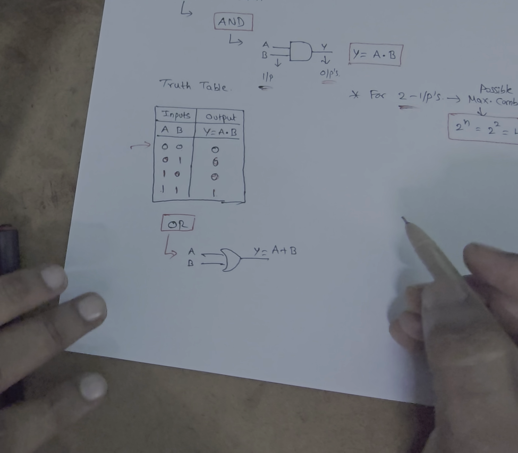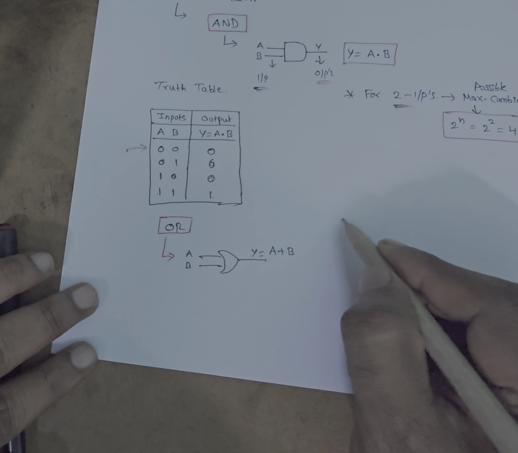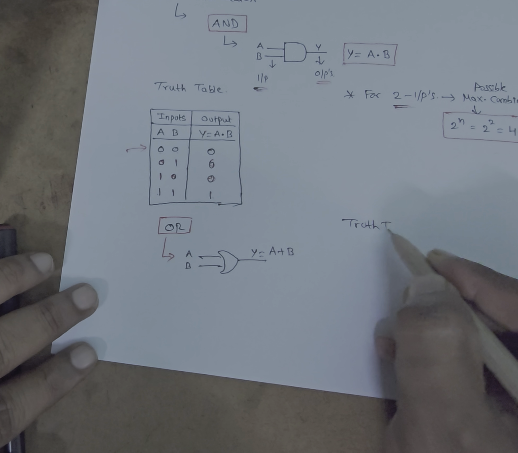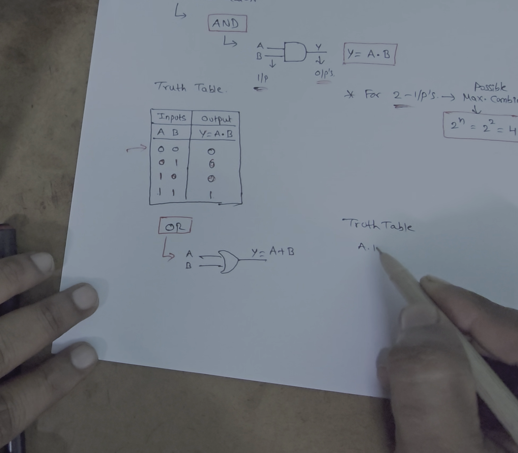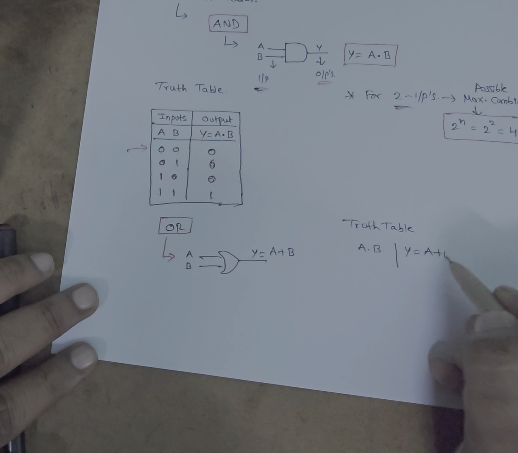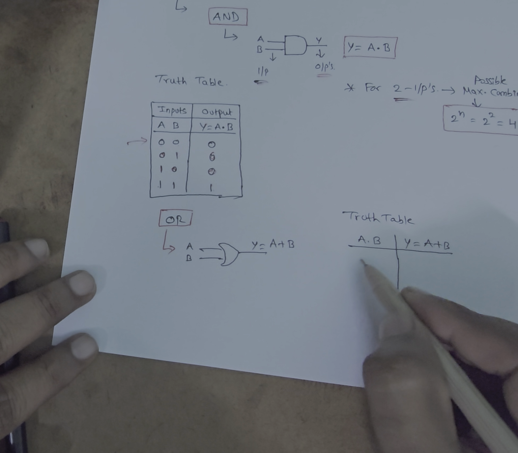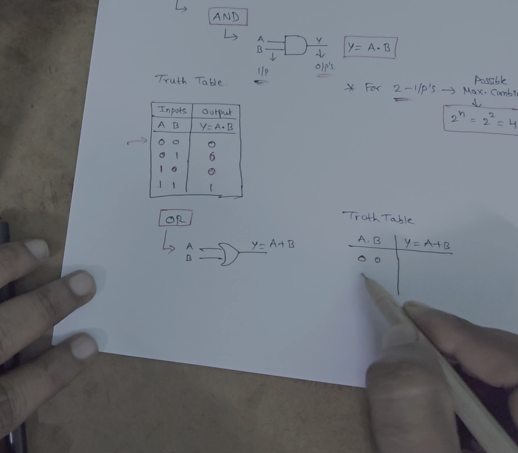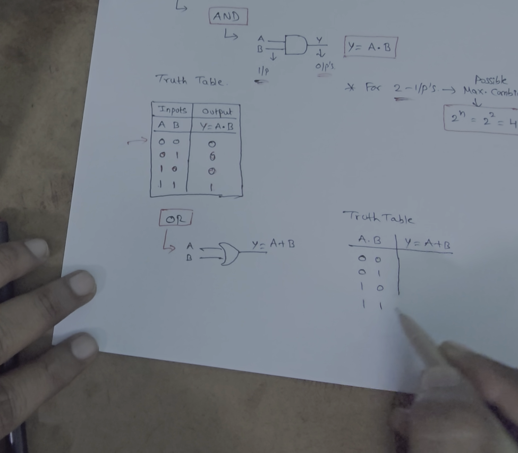Next, coming to the truth table of this OR gate. In this truth table I am directly mentioning A, B, and output y equal to A plus B. Here we are considering 2 inputs, so the maximum combinations are 4: 0 0, 0 1, 1 0, 1 1.